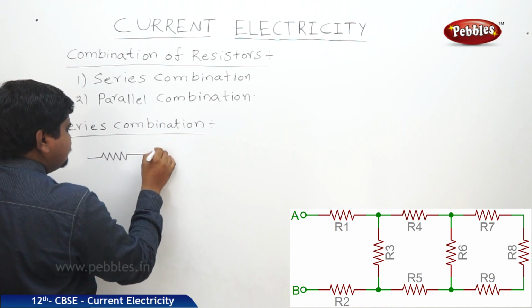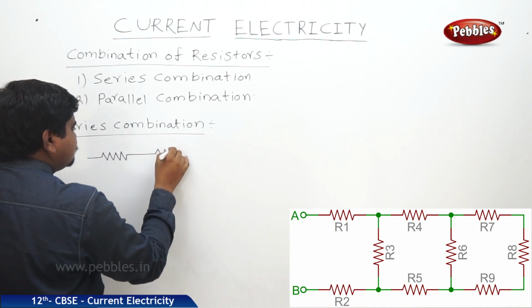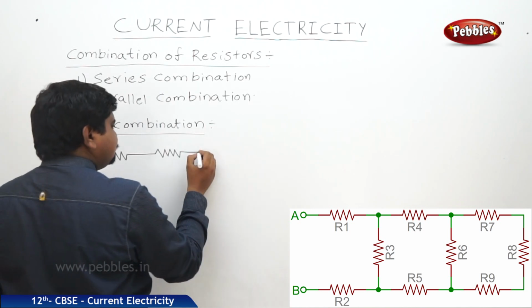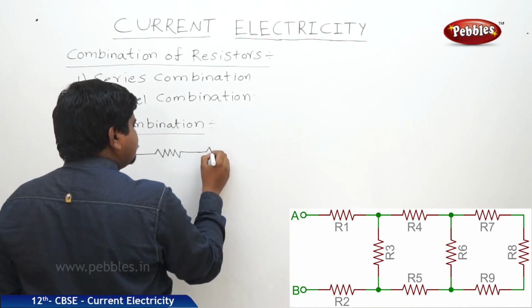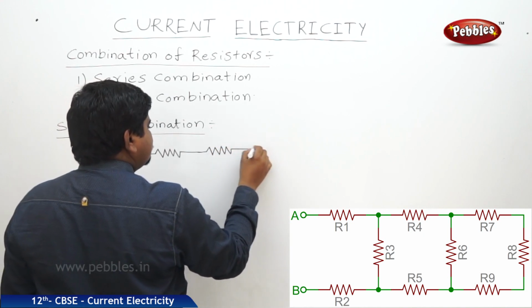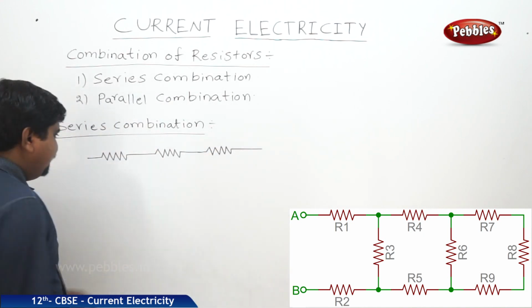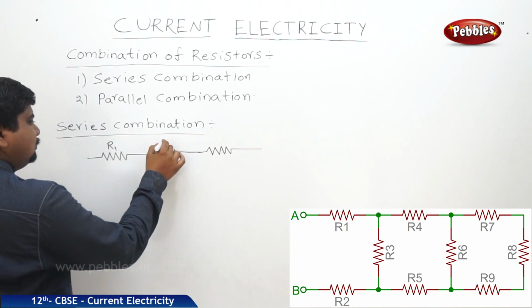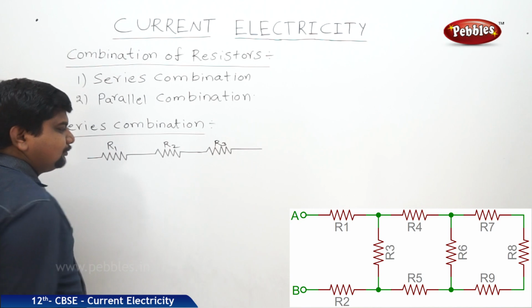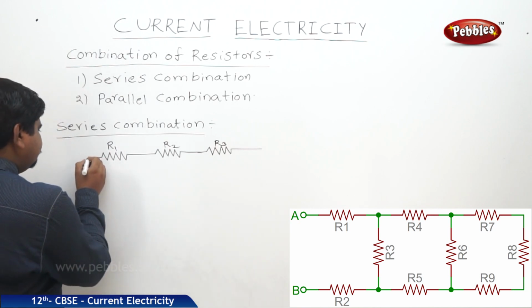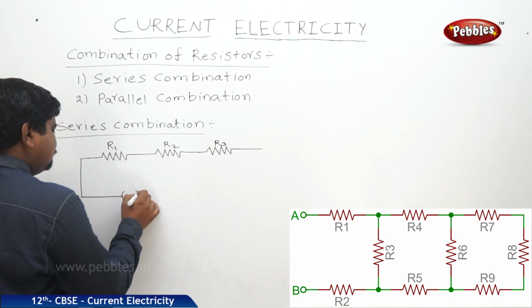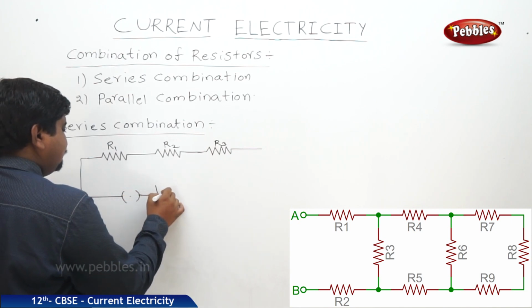One resistor, second resistor, third resistor. Name it R1, R2, R3. These resistors are connected to a battery.